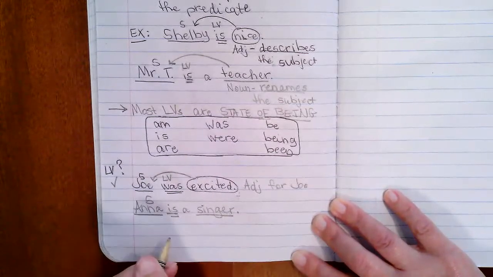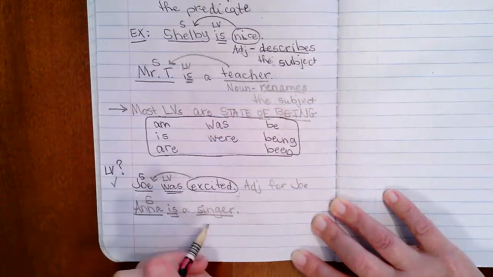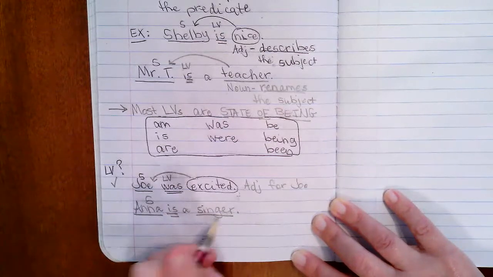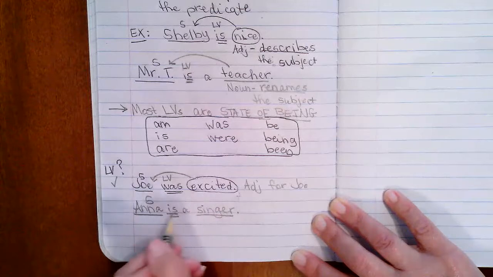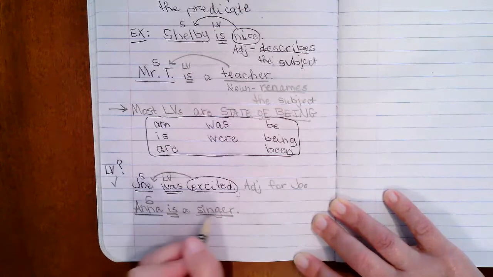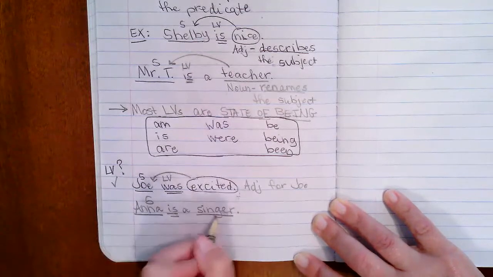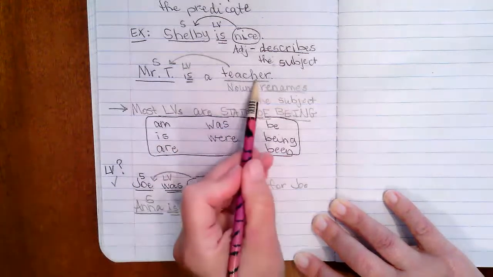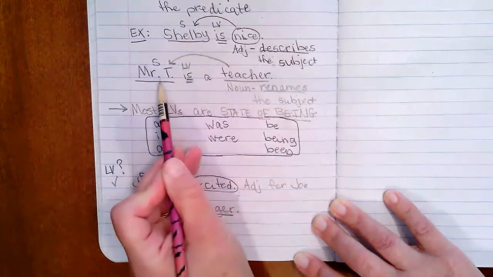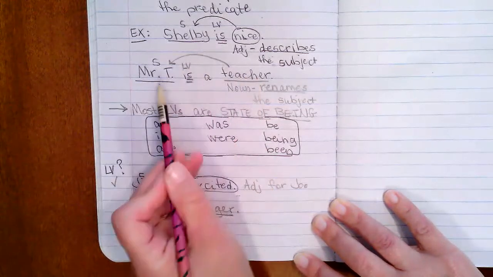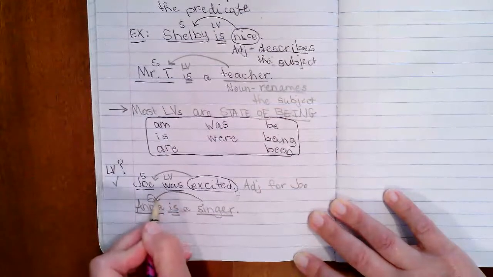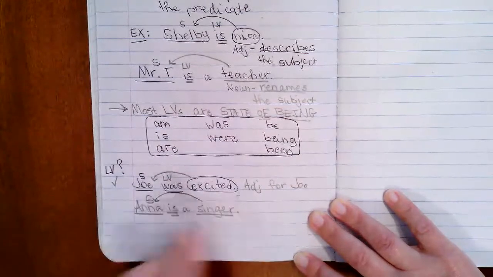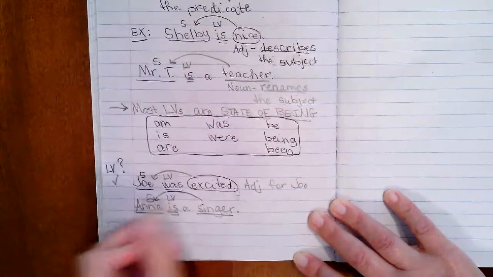All right, so we have to ask ourselves, is this something that links or connects back to the subject? Anna is a singer. Singer is a noun that's telling me about Anna, just like teacher is a noun that told me about Mr. T. It renames. So singer renames Anna, okay, because Anna is a singer. So yes, this is a linking verb.